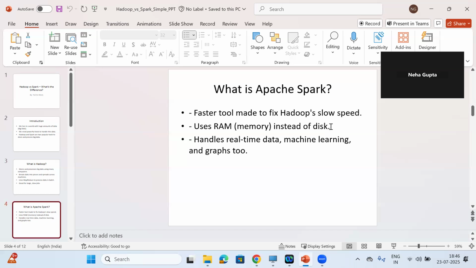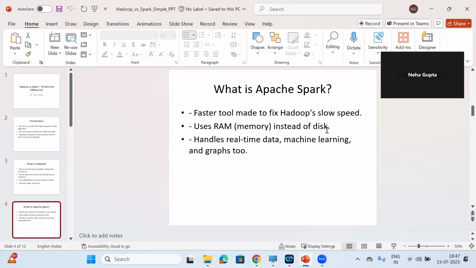Let's first understand the main difference between disk and RAM. When you open a file, it reads the data from the disk and loads it into RAM to work on it.